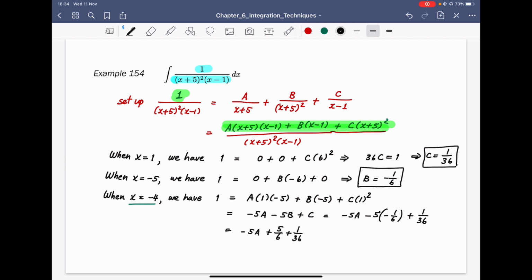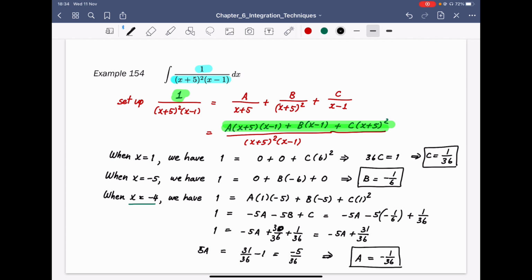The 5 over 6 here is 30 over 36, so I have negative 5A plus 31 over 36. On the left hand side, I have 1. That means 5A is equal to 31 over 36 minus 1, which is negative 5 over 36. At the end, if you cancel out the number 5, you get A equal to negative 1 over 36.